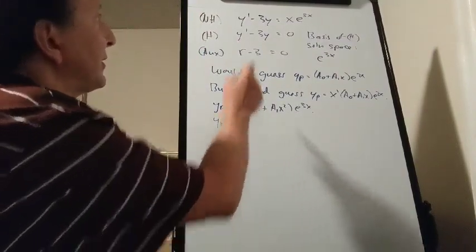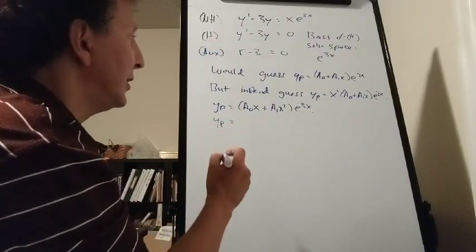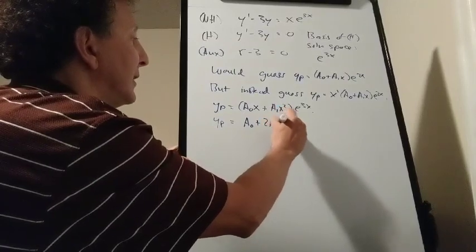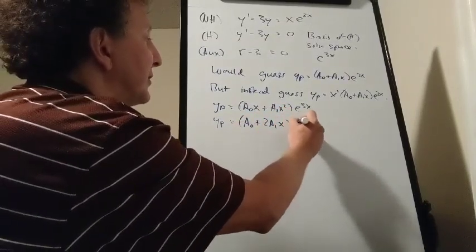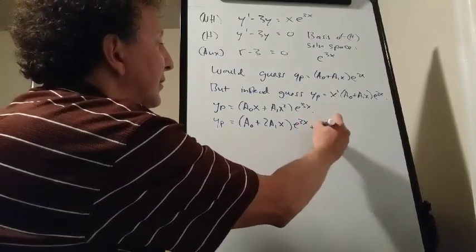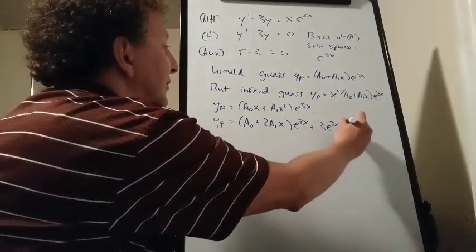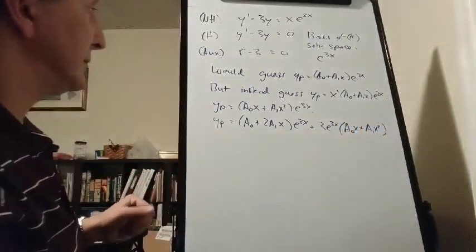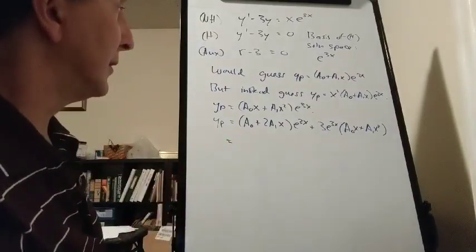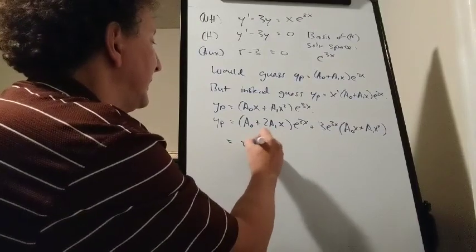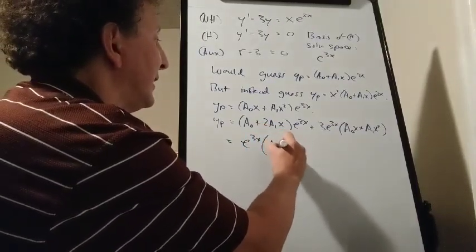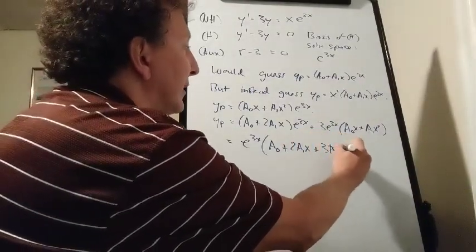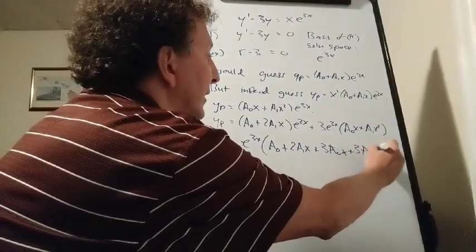Alright, now if we take the first derivative, we get, let's see, derivative of the first, a0 plus 2a1x, times the second, e to the 3x, plus derivative of the second, 3e to the 3x, times the first, a naught x plus a1x squared. So this is e to the 3x times a naught plus 2a1x plus 3a naught x plus 3a1x squared.